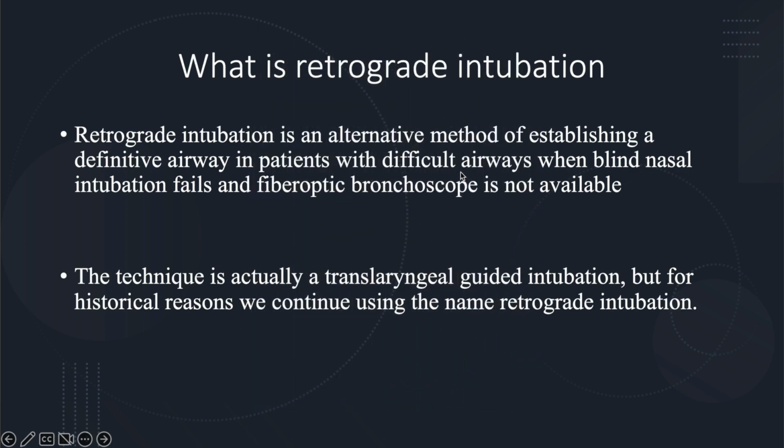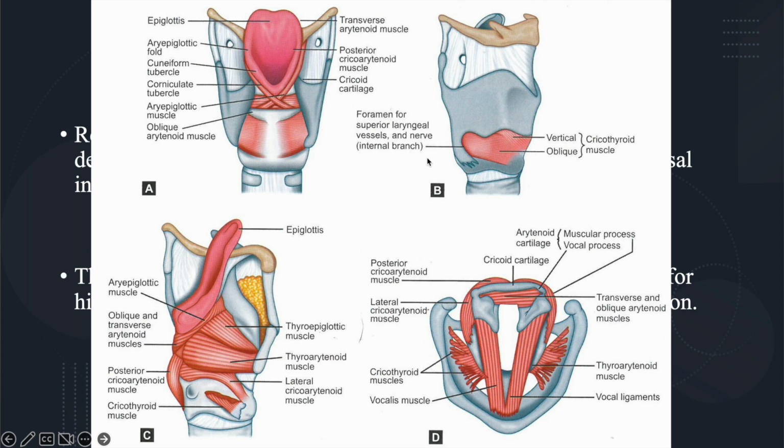And I wanted to refresh those listening on the larynx, because this is the main anatomical structure in the procedure of a retrograde intubation. So here we have the posterior view of the larynx.